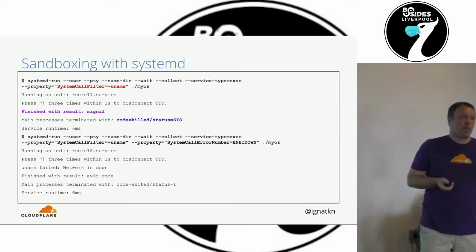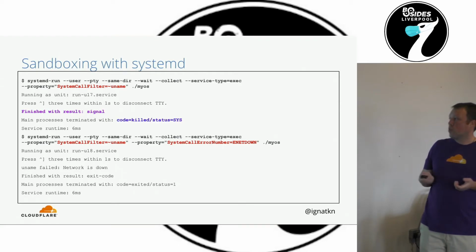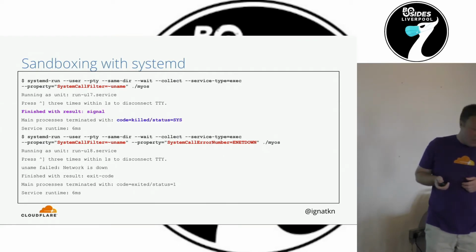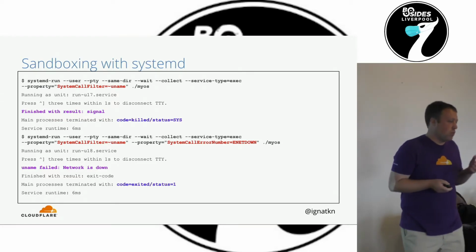We can also emulate the policy of returning custom error codes. So there is another directive here for that. So we can direct the application to return network is down error, and we will see that uname failed with network is down error code.